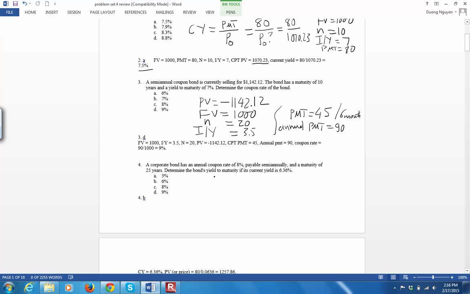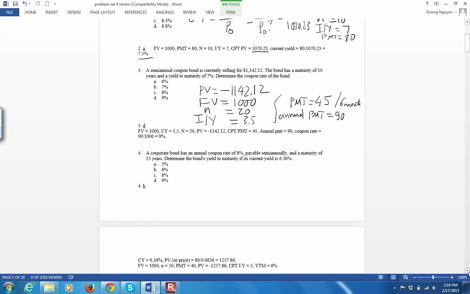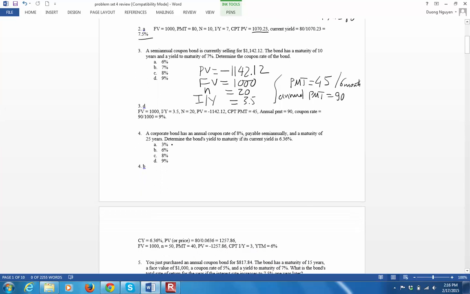Number 4. A corporate bond has an annual coupon rate of 8%, semi-annual coupon payments, and maturity of 25 years. Determine the bond's yield to maturity if the current yield is 6.36%.